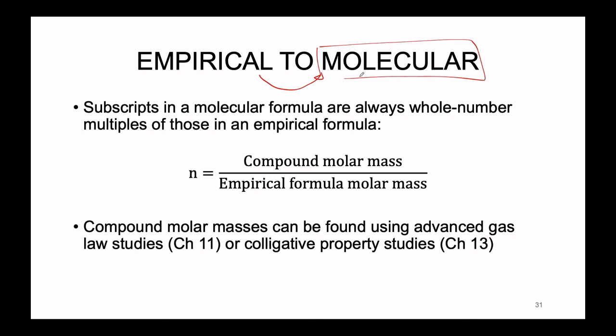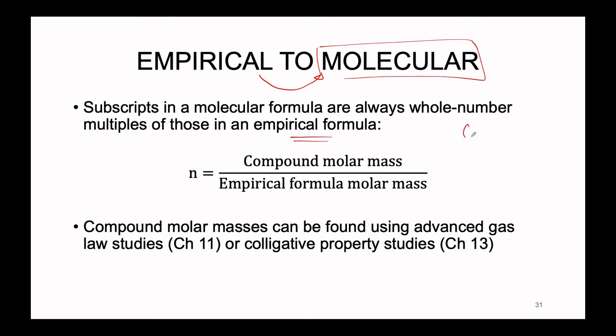Subscripts in molecular formulas are always whole numbered multiples of those in the corresponding empirical formula. In other words, if we can scale our formulas down to the empirical formula, we can always scale it back up with the same factor that we divided it down by.